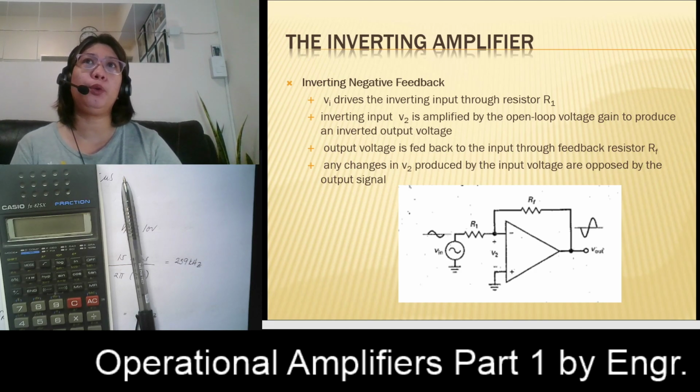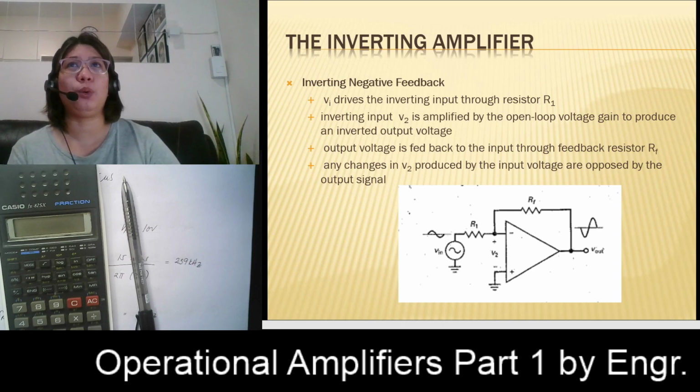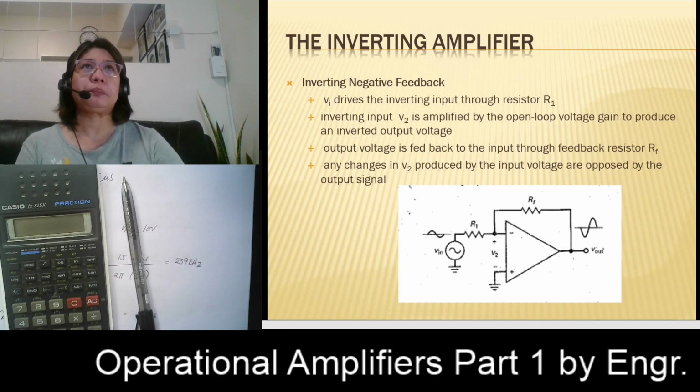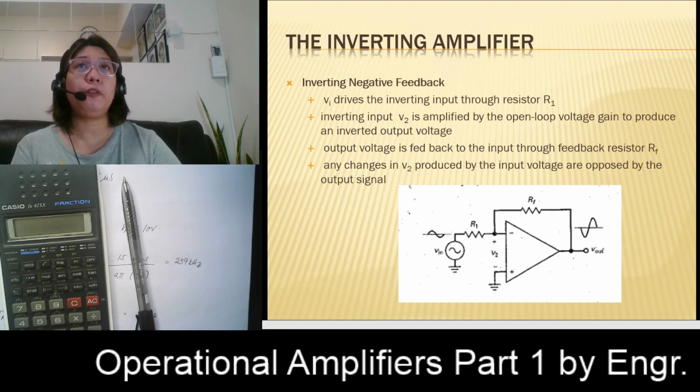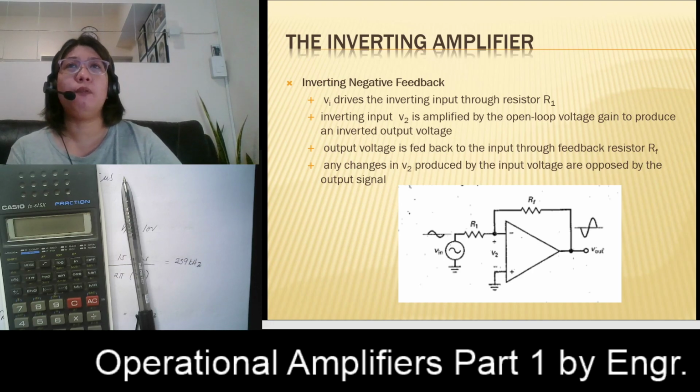Usually it is in the range of 20,000 to 200,000. This is a very unpredictable voltage gain, and it will be useless. Therefore we place a feedback to somewhat stabilize our overall voltage gain.